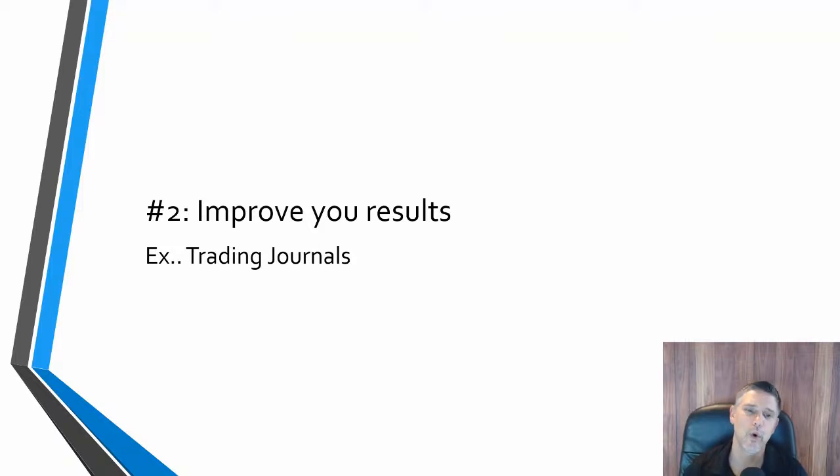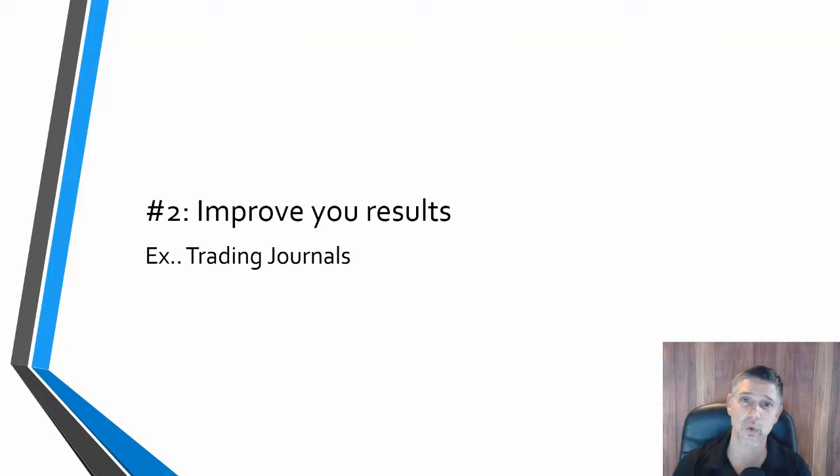improve your results. So if you're going to grow this small account, you have got to be good at improvement. I'm going to give you a couple guidelines here in a second, but one is having a trading journal that keeps track of all your trades.